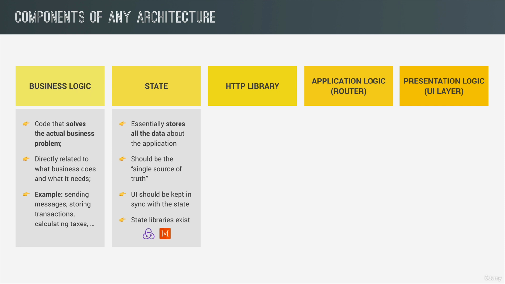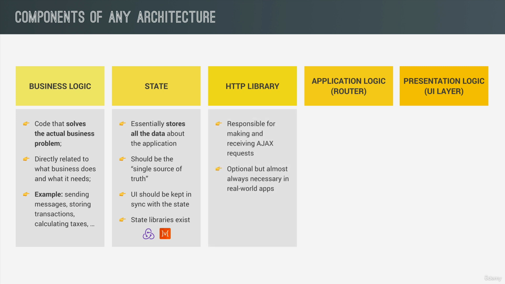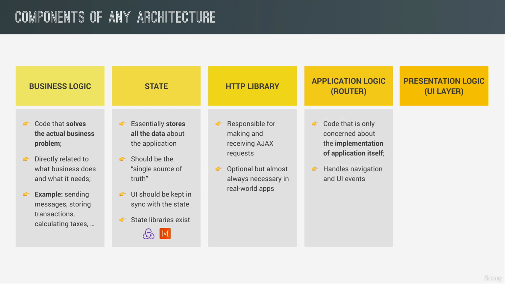Next, the HTTP library is simply responsible for making and receiving AJAX requests. And we have been doing that using the fetch function, and so that's what we will keep doing here. And most real-world applications, of course, need some interaction with the web, and so that's why this is an aspect to keep in mind.